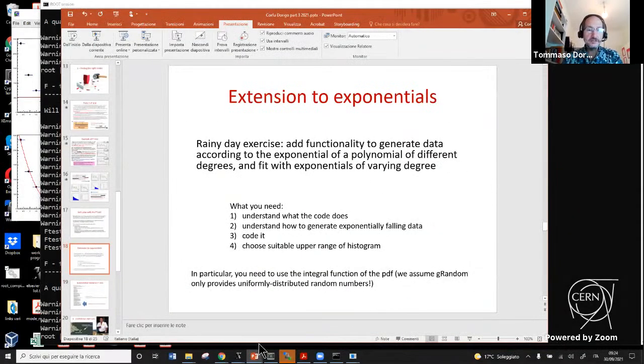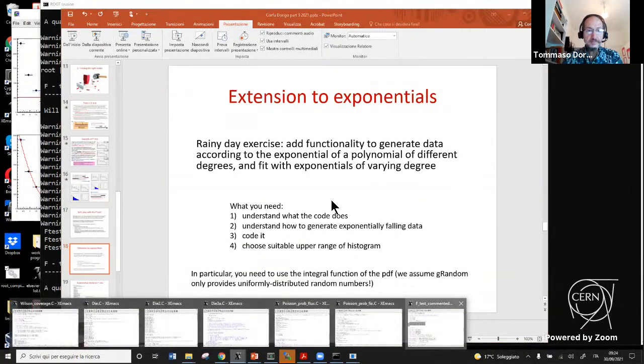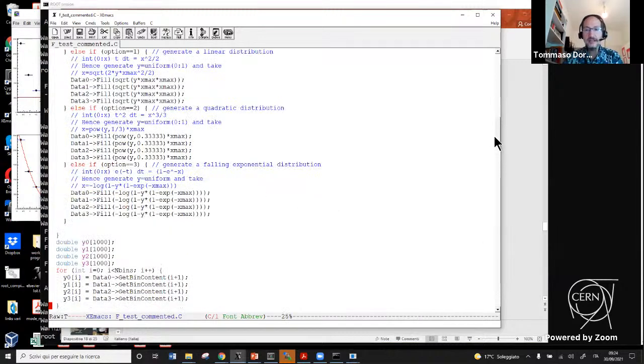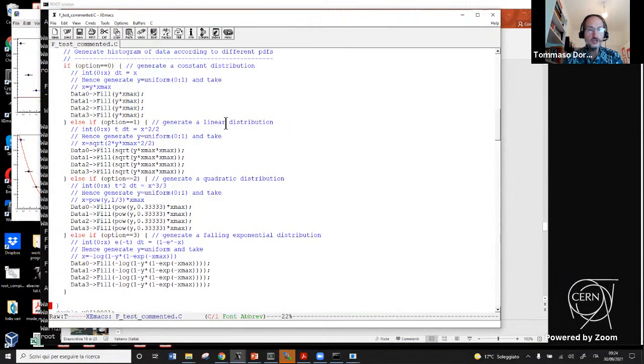The one thing that is a little bit complicated is that whenever you insert a new model, you have to generate the data according to the true model. And to generate the data, typically you will not have, in your random functions, the possibility to generate data according to any model.